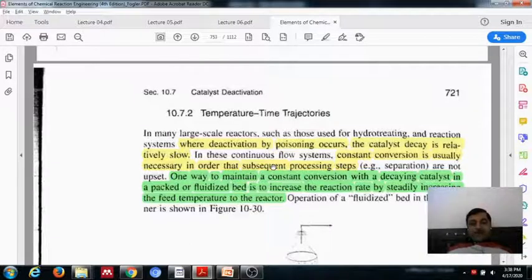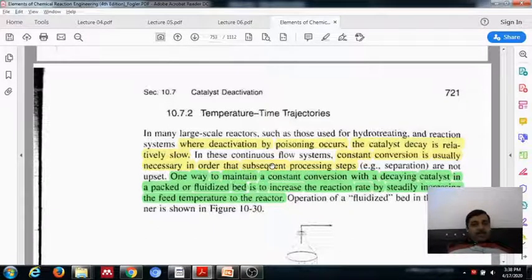But if you compare the two rates, the kinetics of reaction to the kinetics of deactivation, it is clear that the reaction rate is faster than the deactivation. So increasing the rate will give me a higher value of conversion, while a higher decay rate will give me a reduction in the conversion.